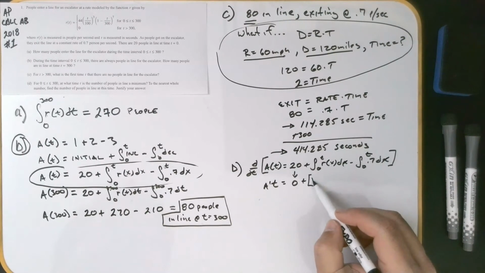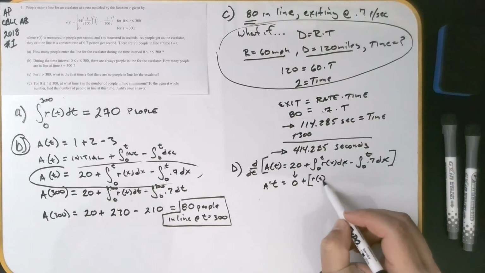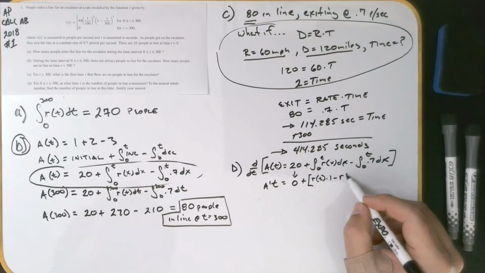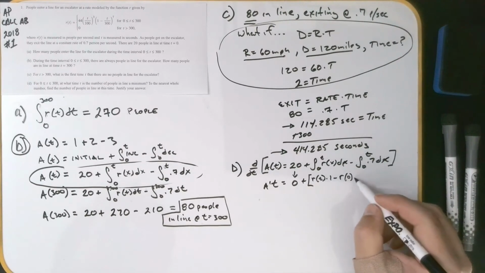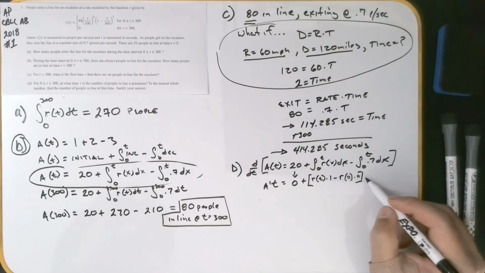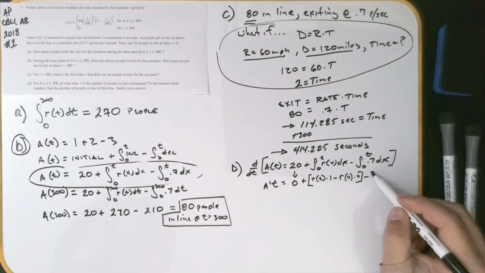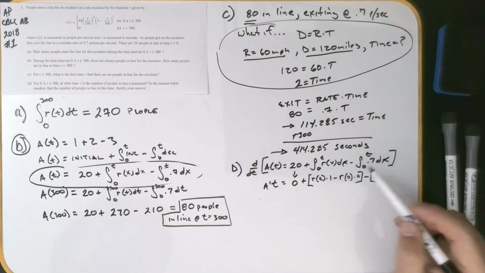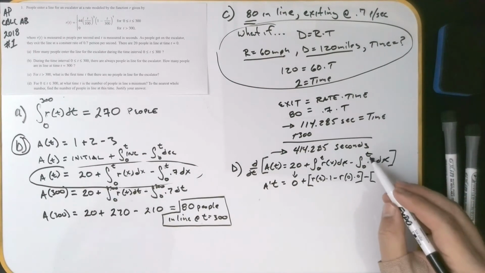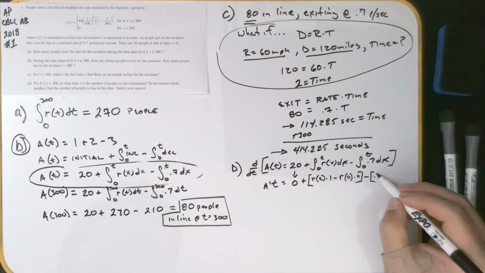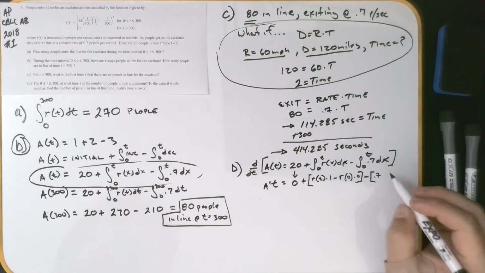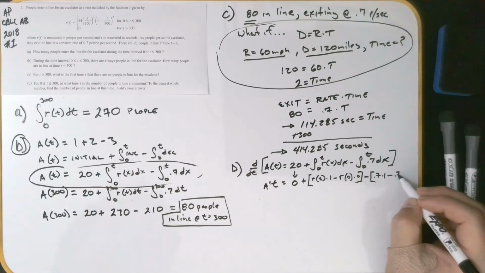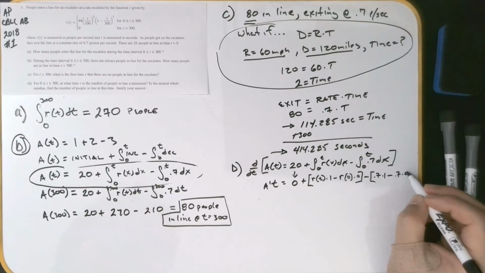I'm going to have r of t times the derivative of t, which is 1, minus r of 0 times the derivative of 0, which is 0, minus, again the derivative cancels out the integral, so it's the function value at t, but it's a constant, so it's just 0.7 times the derivative of t, which is 1, minus 0.7 again times the derivative of 0, which is 0.